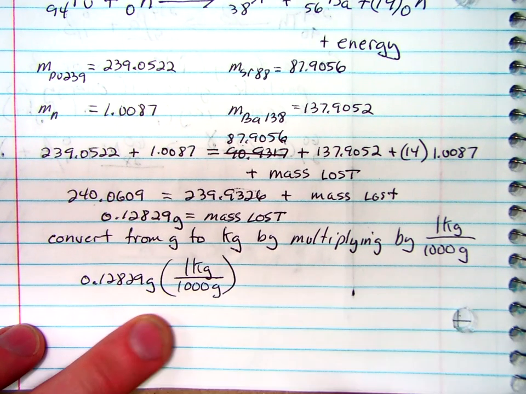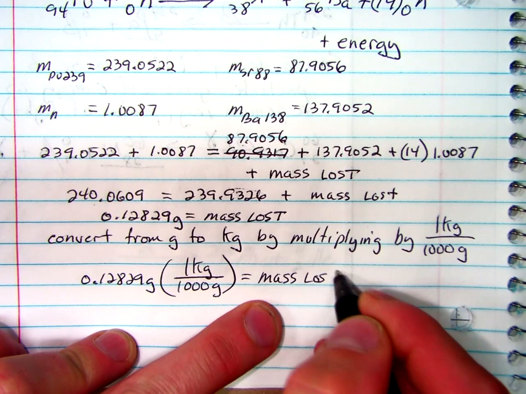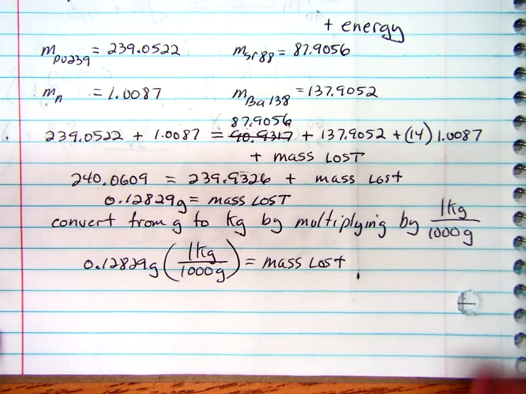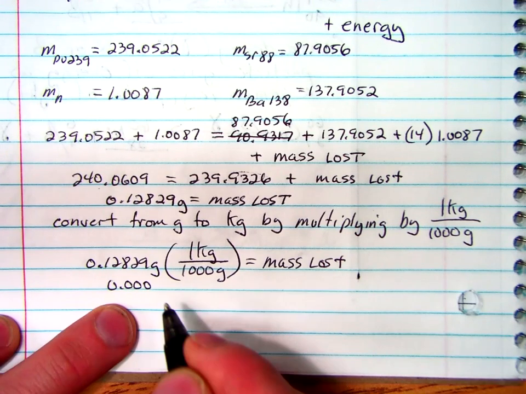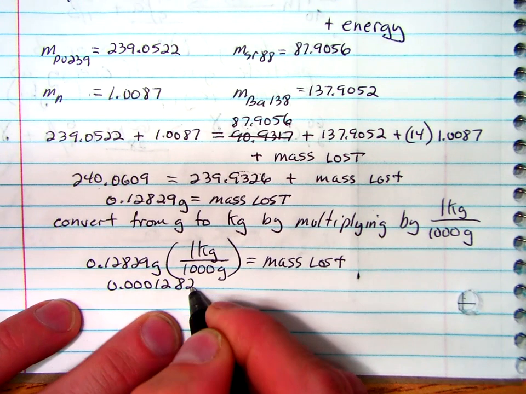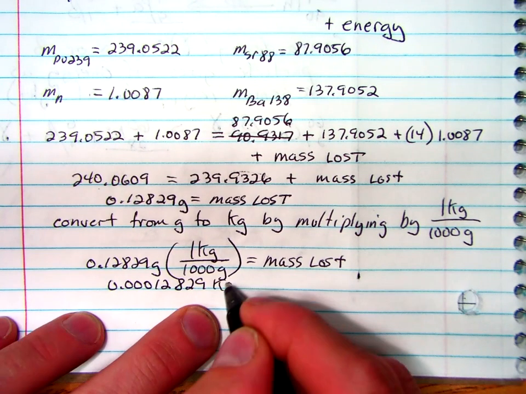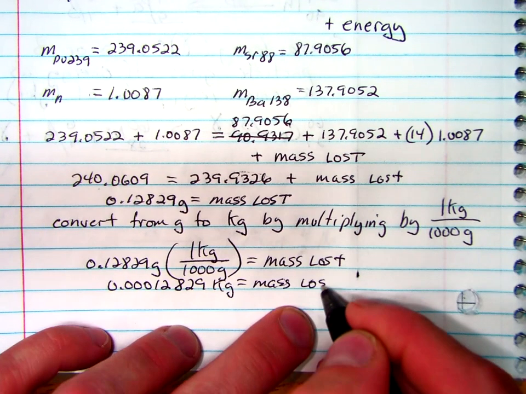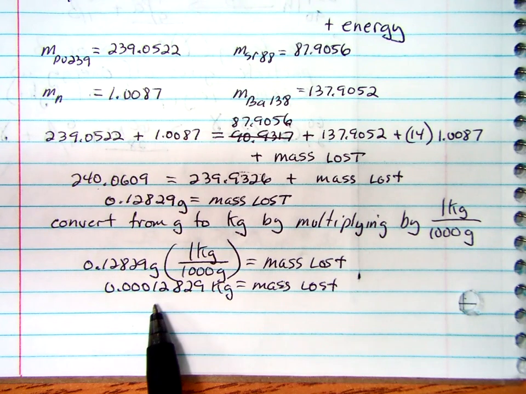Grams cancel, and you end up with mass in kilograms, which is 0.000128229 kilograms. That's not a whole lot of mass. It's 1.2 thousandths of a kilogram.